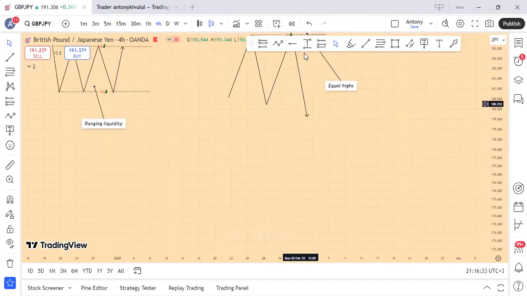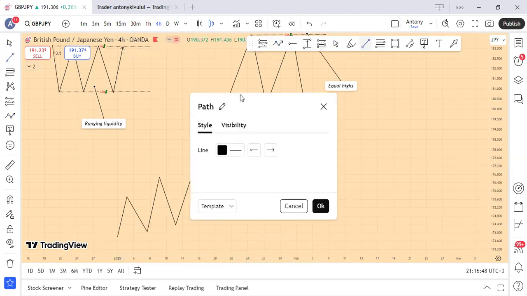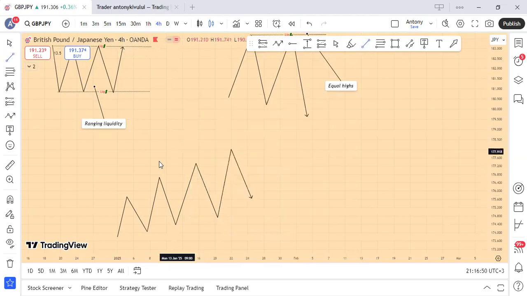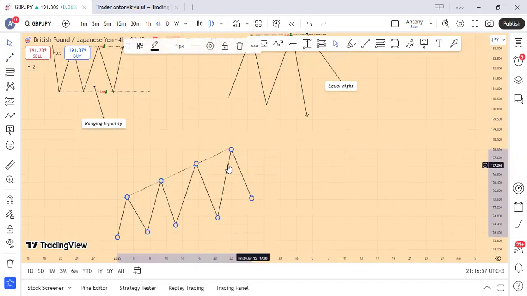We have another type of liquidity, what we call the trend line liquidity. So maybe we are in an uptrend, something like this. This is what we call a trend line liquidity. There are those areas where the market is bouncing.